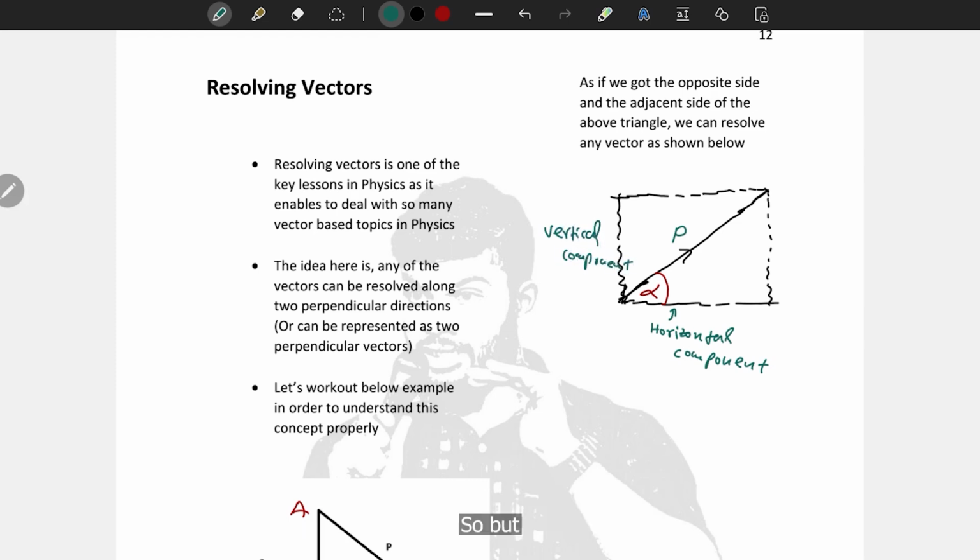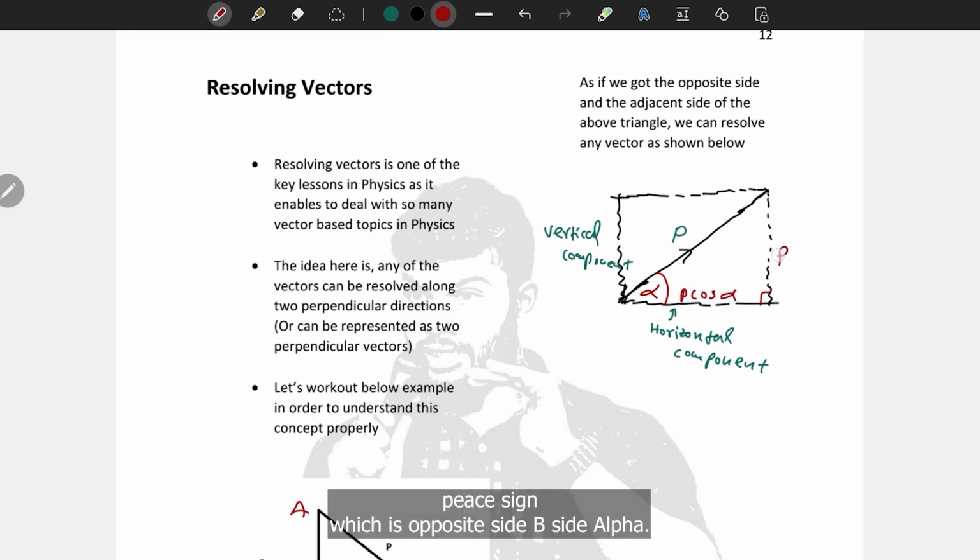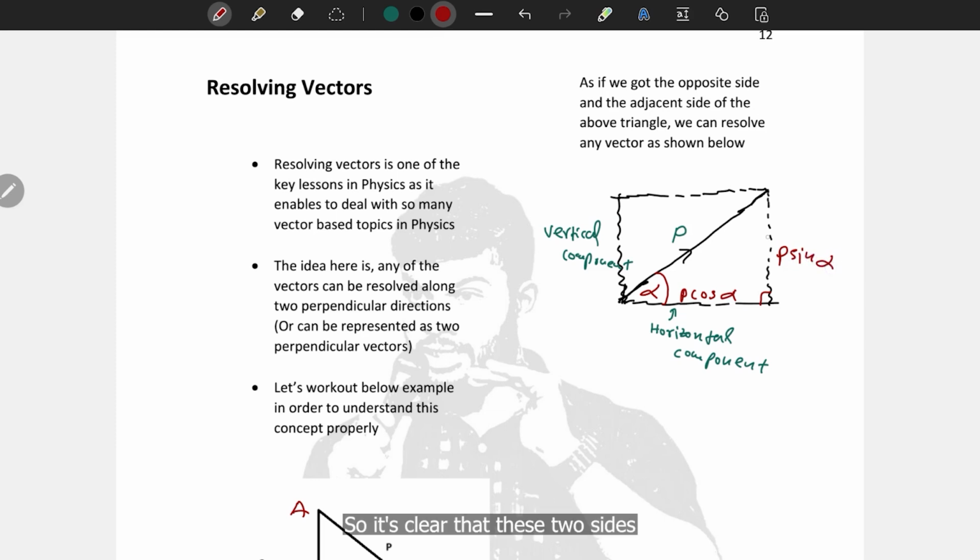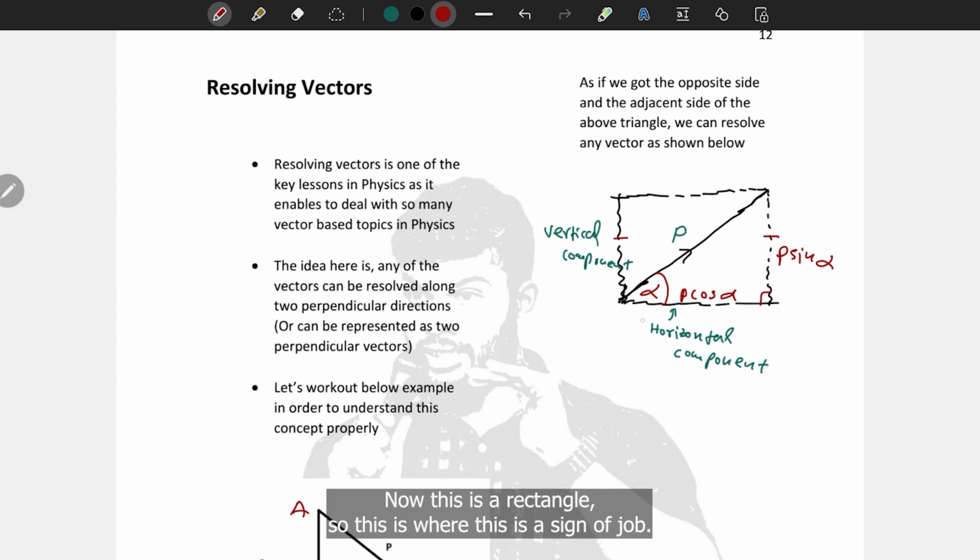Right. But we have just learned that if you treat this as a right angle triangle, this is the P cos alpha side, and this is the P sin alpha, which is the opposite side. So it's clear that these two sides are equal in length, as this is a rectangle.